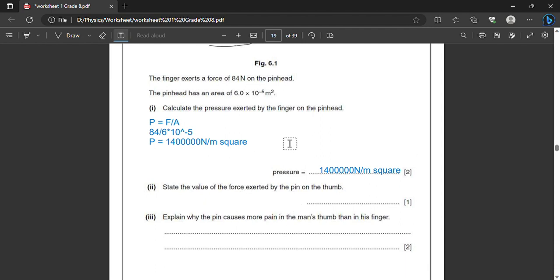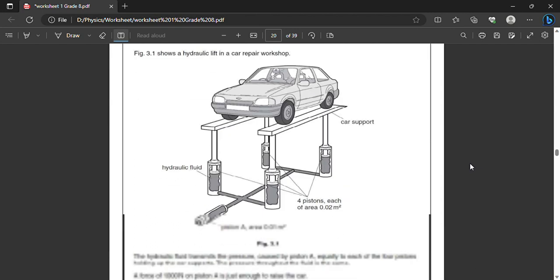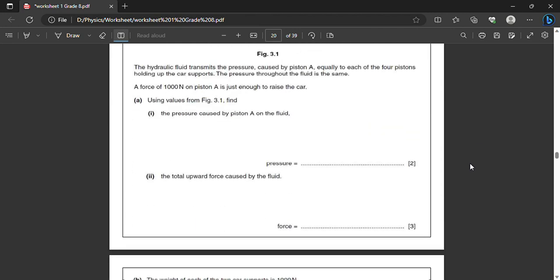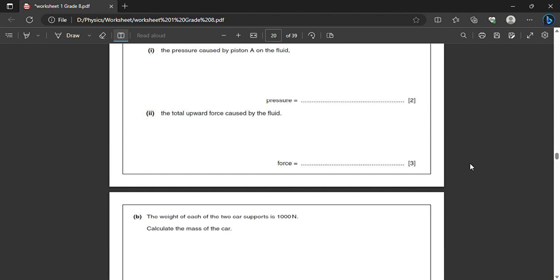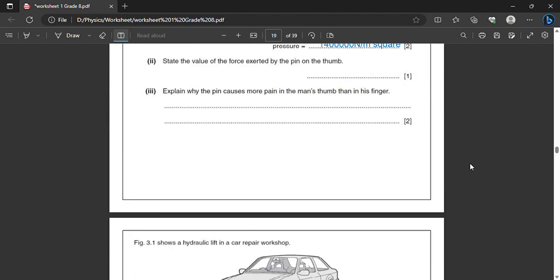So we'll do the same thing over here, but the next question we're going to look at now, let's focus now on, because I'm not looking at all the questions since some are just repeated, so I'm just selecting some questions that we can do. So now let's check the water pressure.